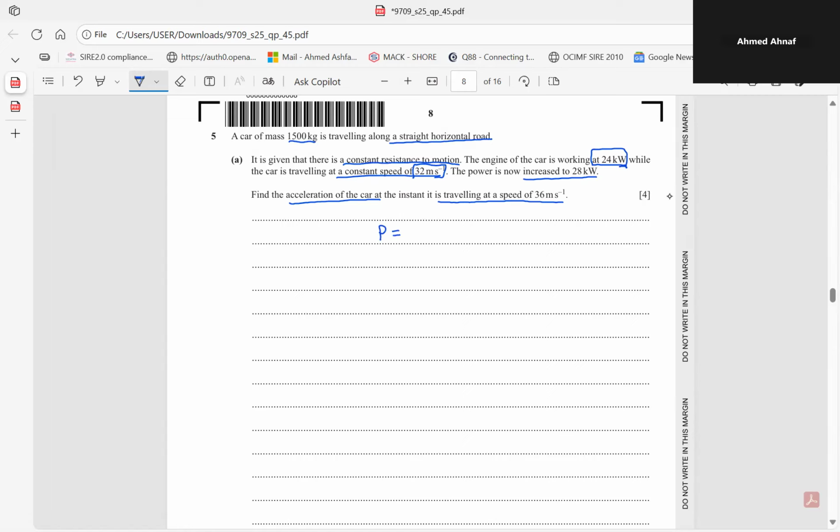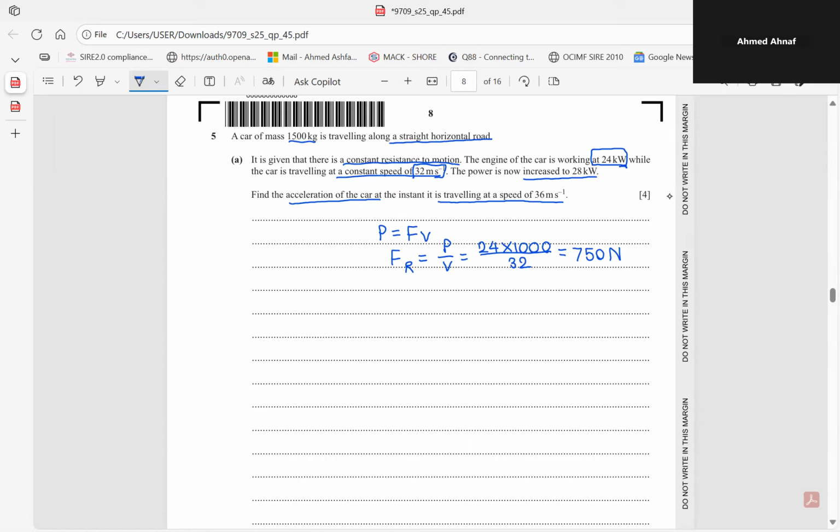So we're going to use P equals FV. So FR, that's our resistive force, is just P over V. So P is just 24 kilowatts, so that's 24 times 1000 over V, which is 32 meters per second. So this gives us 750 newtons as a resistive force.